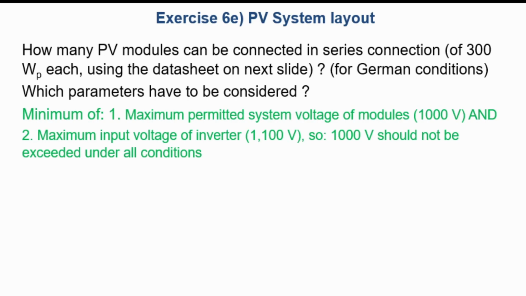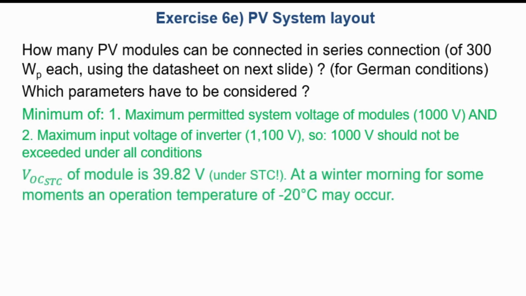The condition by the inverter is less strict, which is 1100 volts. So we apply the lowest, 1000 volts. It could be also vice versa. Sometimes you have an inverter which only can digest 900 volts and so on. But in this case, the most strict site condition is the maximum permitted system voltage, which should not be exceeded.